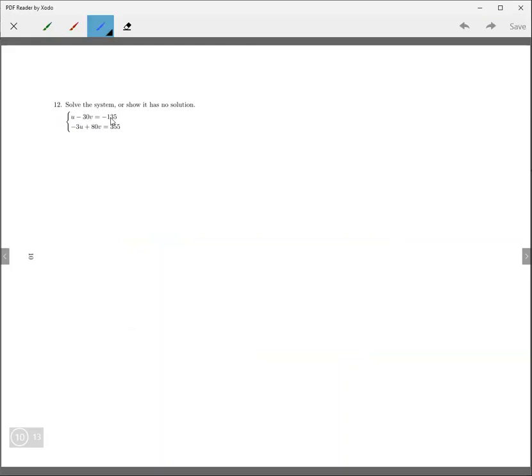Okay, here we have u's and v's. So let's go ahead and work on this one here. Since we can, it's probably easiest to solve the first one for u and use substitution.